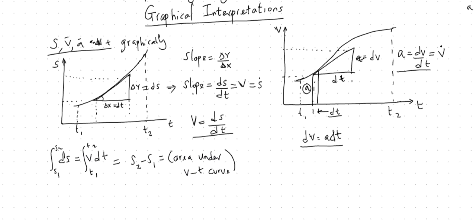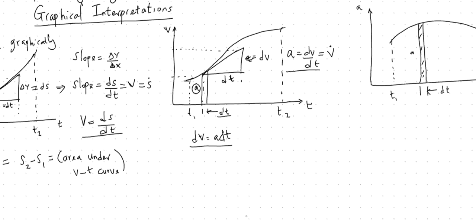Now, if I do the same thing for the velocity-time graph, if I integrate my dv, and I also integrate my right-hand side, a dt, and I take my lower limit from V1 to upper limit V2, my lower limit from T1, upper limit of T2.